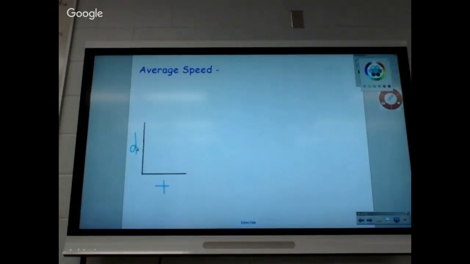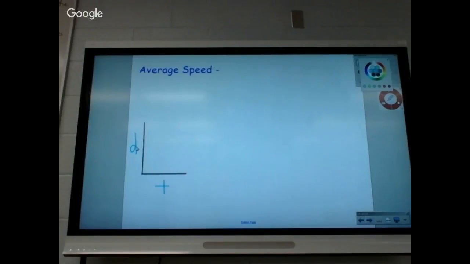Now, what does it mean to say average speed? What does average speed mean? Okay. Approximately. So today I've got to go to Greensboro after school. Is my speed going to stay the same or is it going to change?